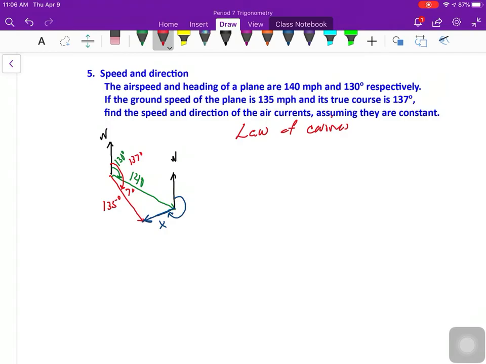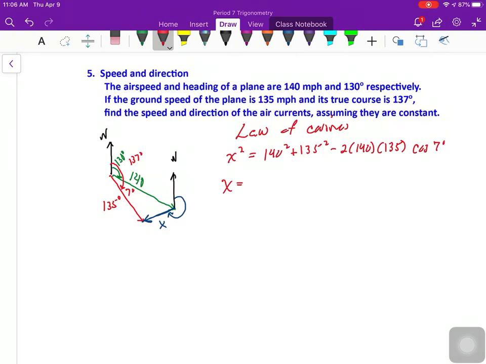Well, one of the things that we probably noticed right away is this angle is 7 degrees. So we can use the law of cosines. The x squared will equal the 140 squared plus the 135 squared minus 2 times 140 times 135 times the cosine of 7 degrees.